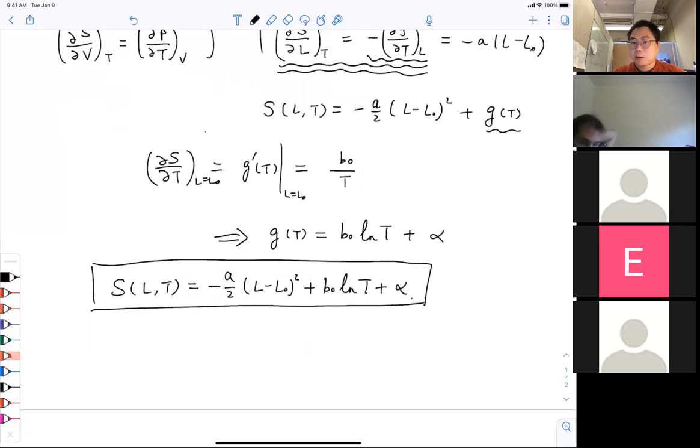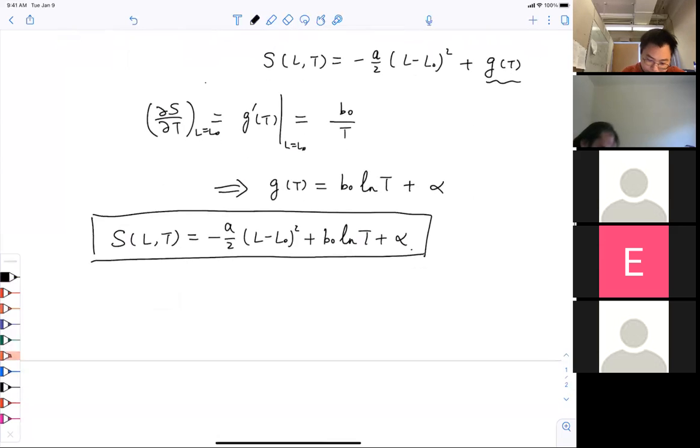Yeah, that's part A. What is part B? Part B is asking whether the heat capacity depends on L or not.